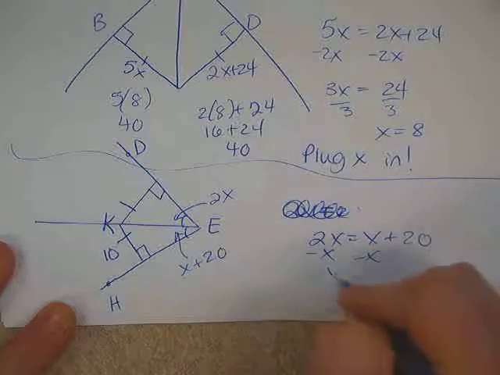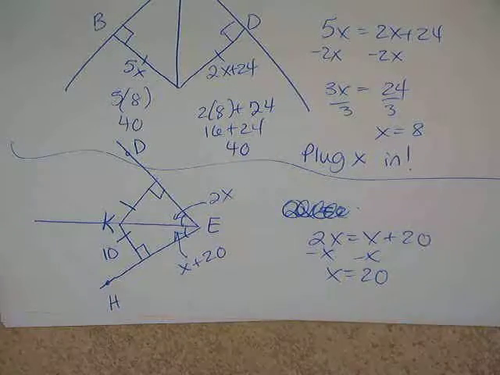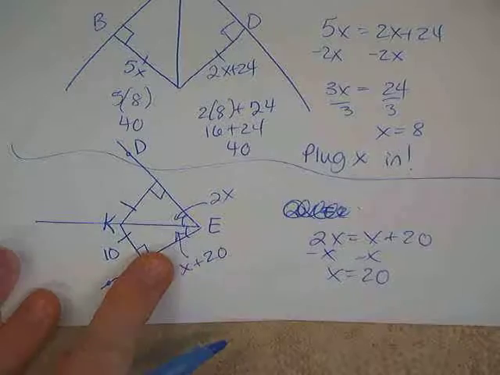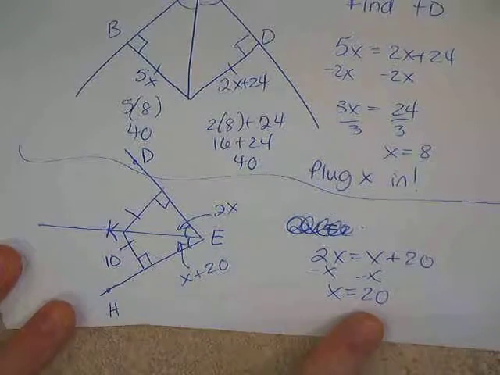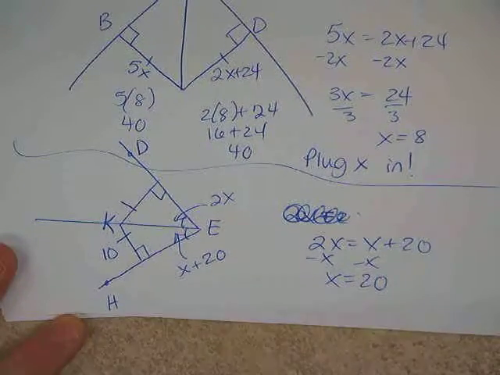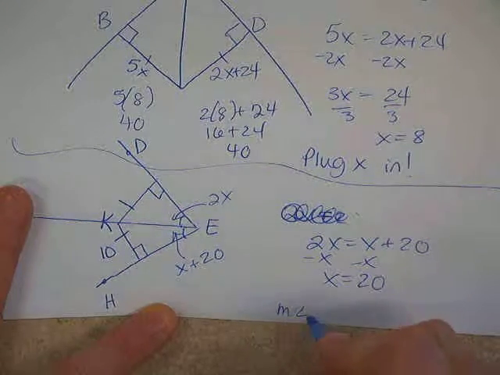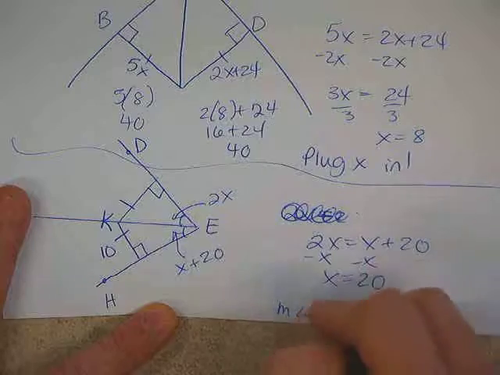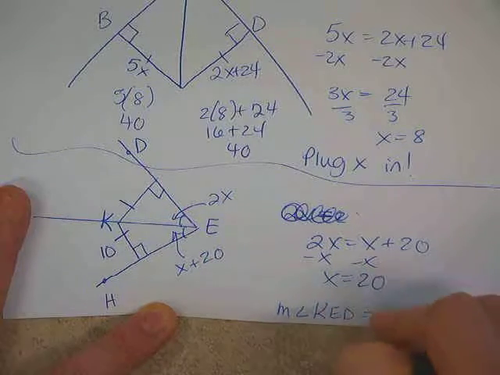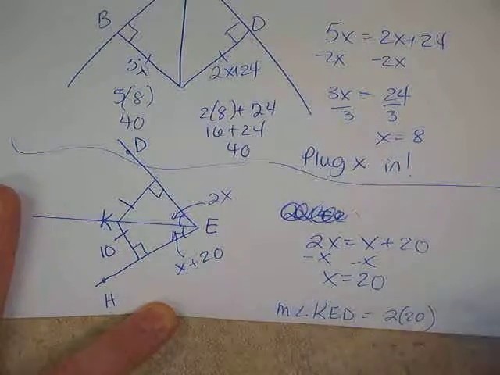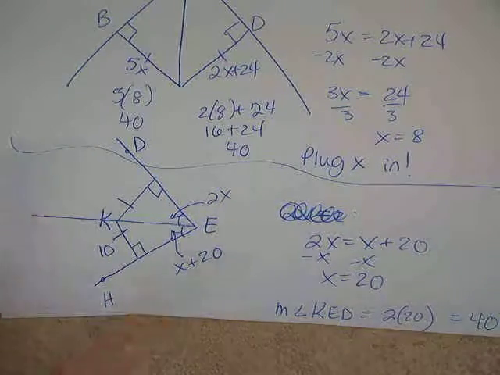So 2x does equal x plus 20. Okay, and the rest is your algebra, so minus x. So x equals 20.